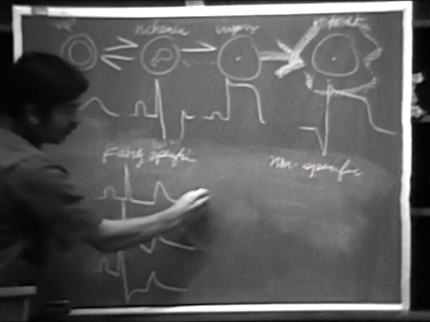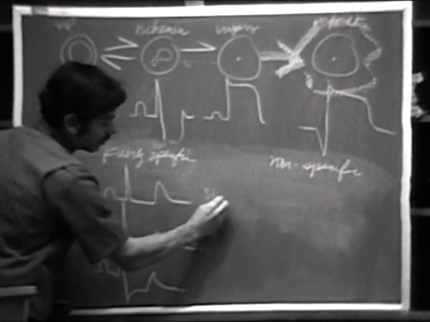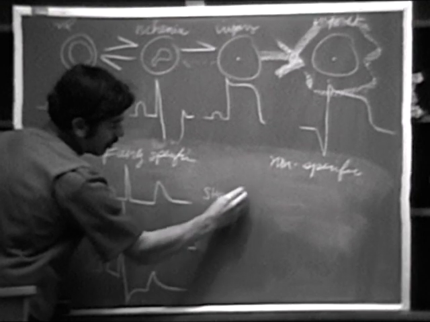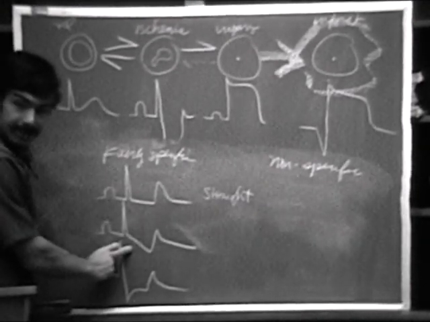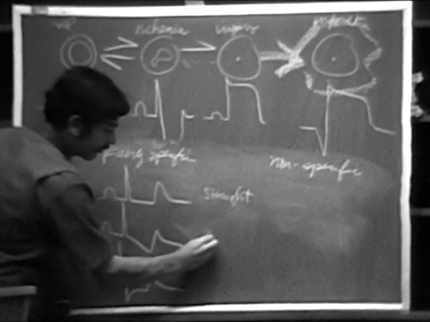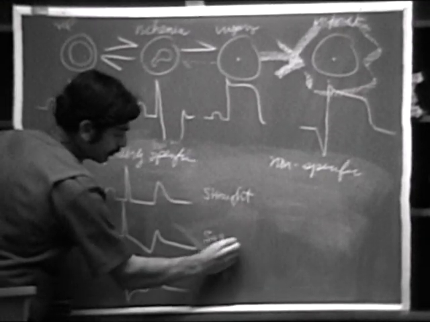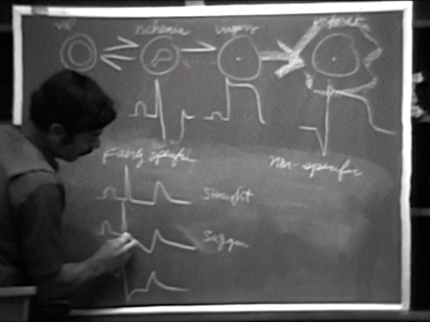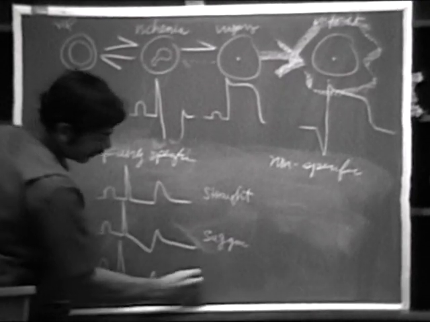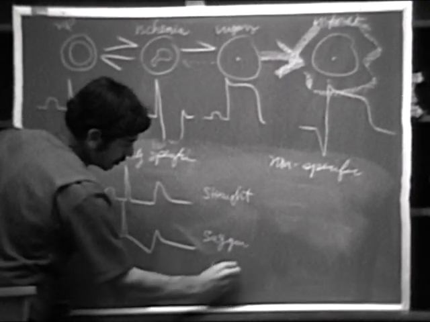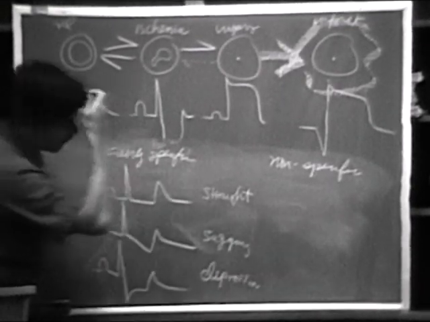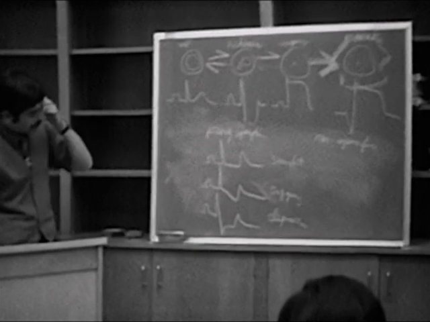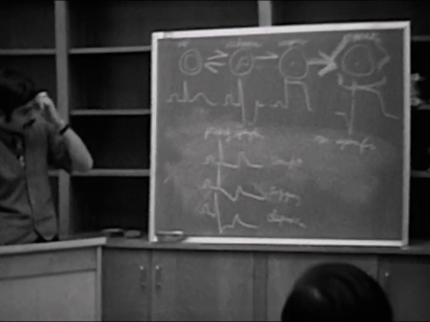This is what we call ST segment straightening. This is ST segment sagging. Okay, this is sagging. See the ST segment sagging down, and the ST segment finally depression. Okay.